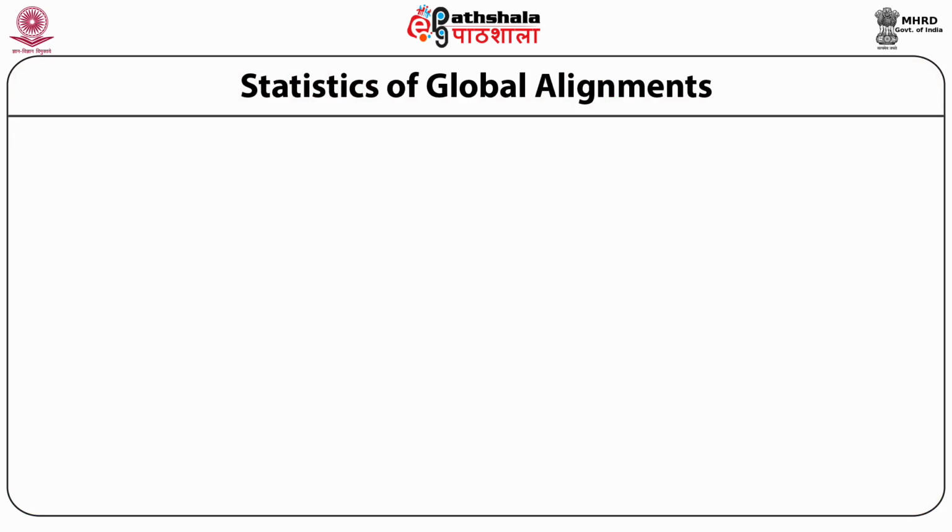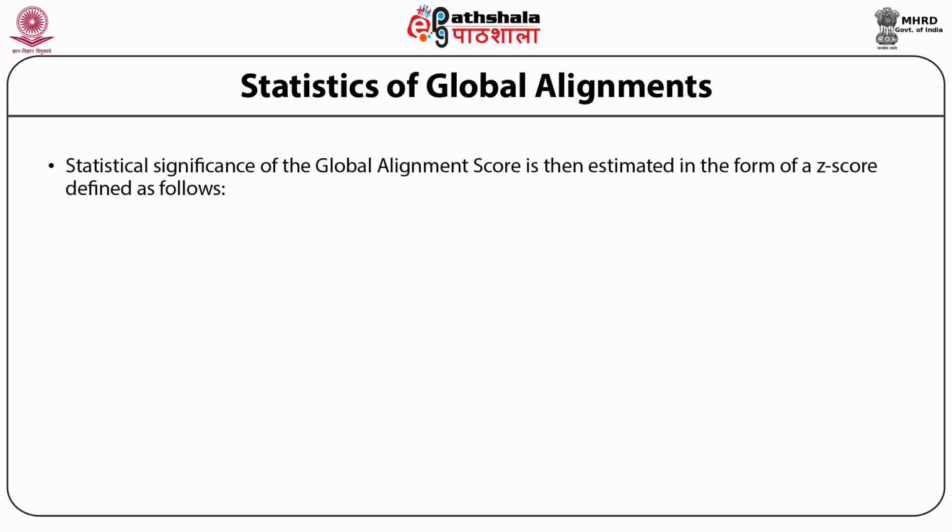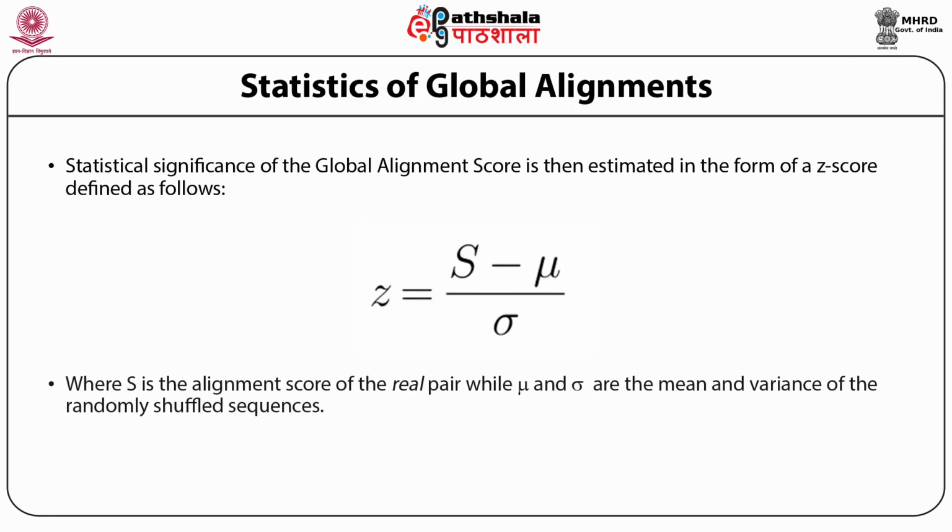global alignments. The statistical significance of a global alignment score can be estimated in the form of what we call a z-score, defined as z = (s - mu) / sigma, where s is the alignment score of a real pair, while mu and sigma are the mean and the standard deviation of alignment scores obtained from randomly shuffled sequences. So we have this z value.